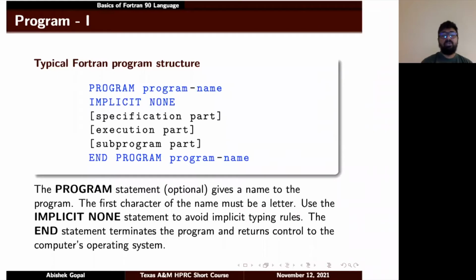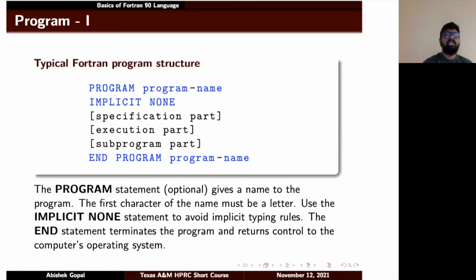Okay, so a typical Fortran program. This is the high level thing that is accessible to us. Like I said, the compiler compiles this and generates the object code that is understandable by the machine, right?